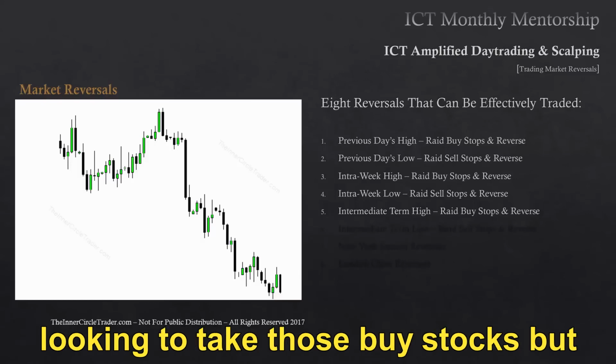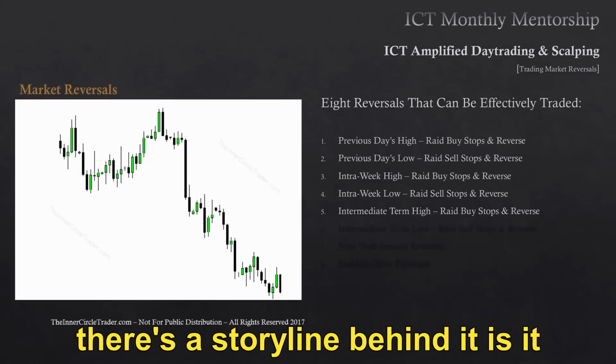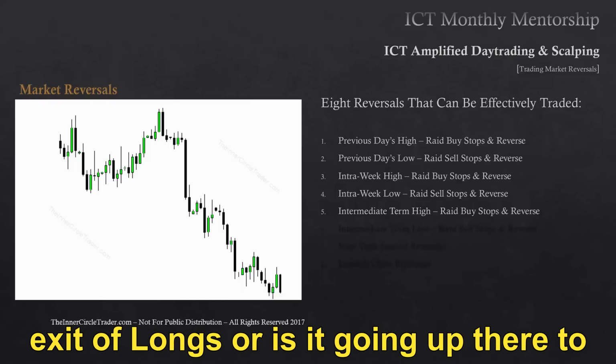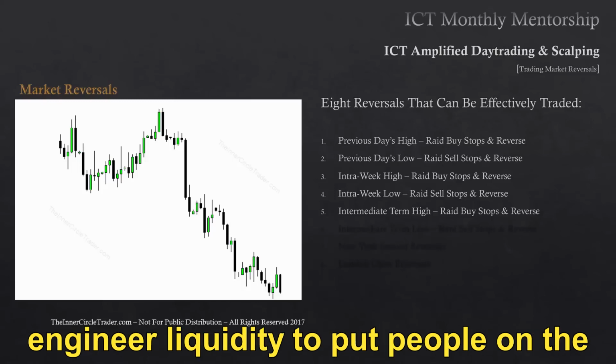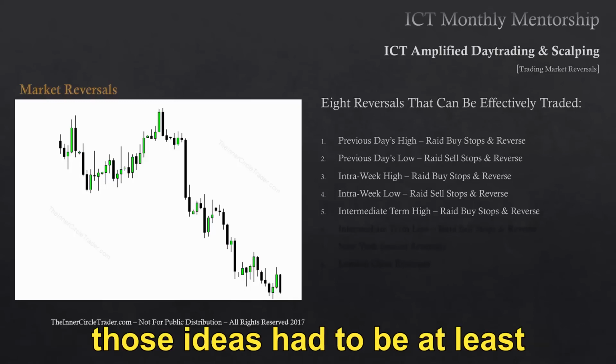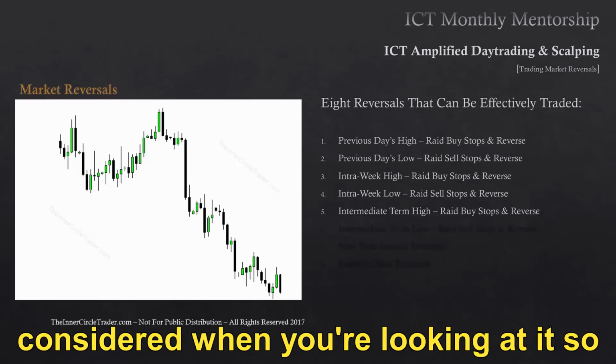Yes, they're looking to take those buy stops, but there's a storyline behind it. Is it pairing up those orders to go into an exit of longs, or is it going up there to engineer liquidity to put people on the wrong side of the marketplace and then go lower? Those ideas have to be at least considered when you're looking at it.